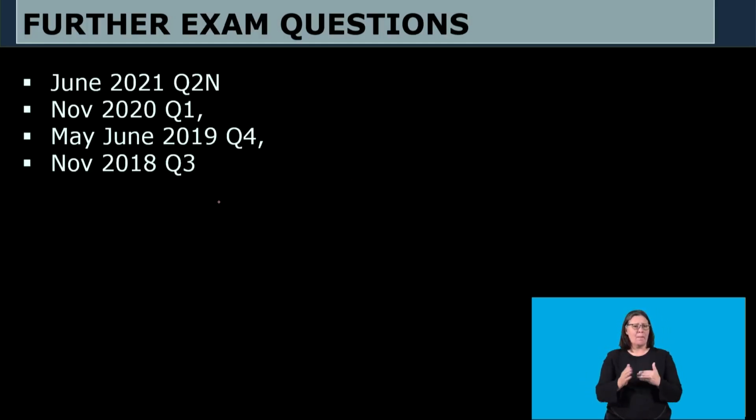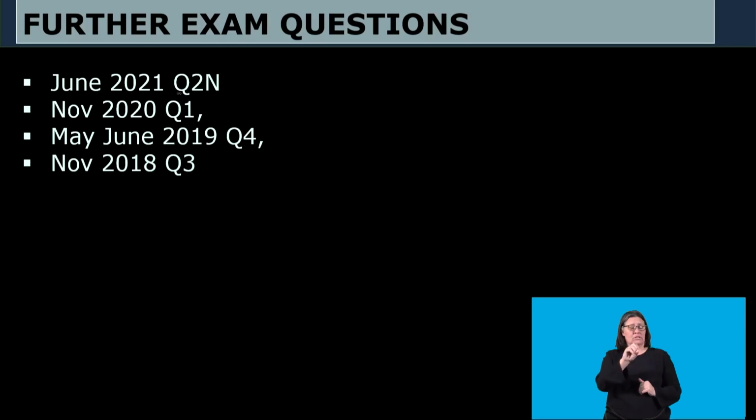For further exam questions, you may look at the June 2021 NSC paper, question 2, the November 2020 NSC paper, question 1, the NSC May-June 2019, question 4, as well as the NSC November 2018, question 3.